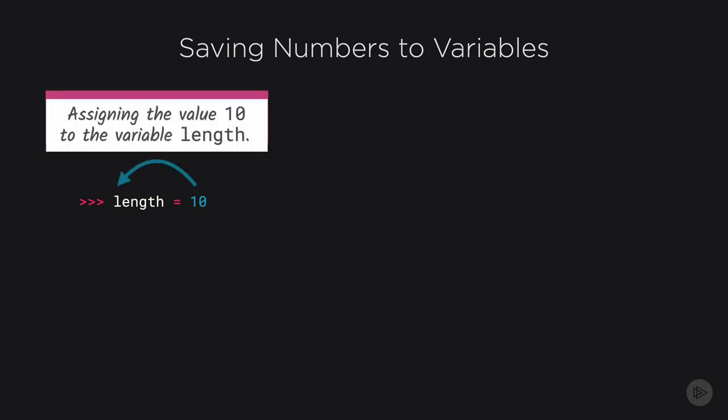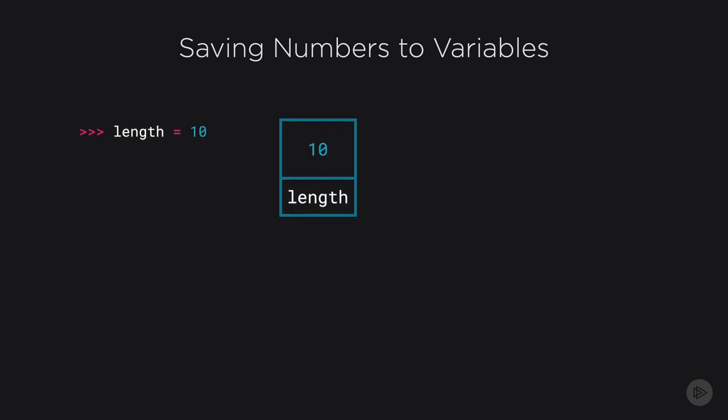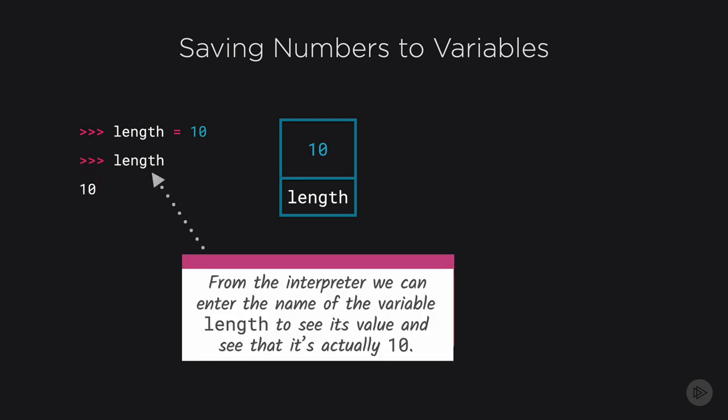First, we'll create a variable length by assigning a value to it, let's say 10 feet. When we create a variable, a piece of memory on your computer is created for it. Now there is a piece of memory labeled length that currently stores the value 10. From the interpreter, we can enter the name of the variable length to see its value and see that 10 is output to the screen.